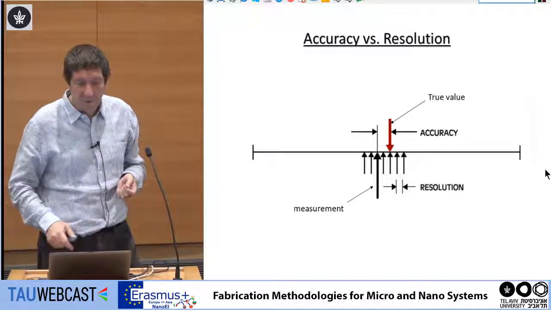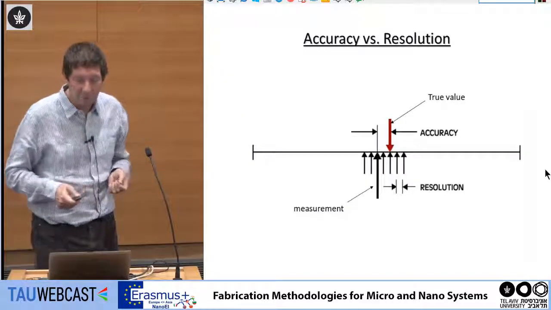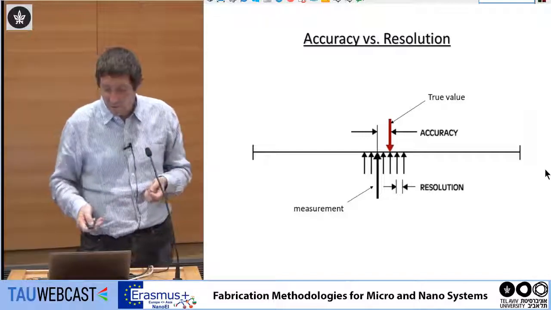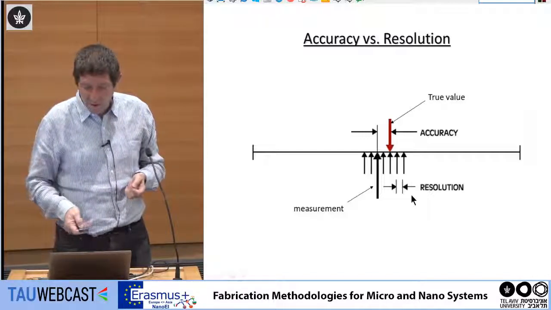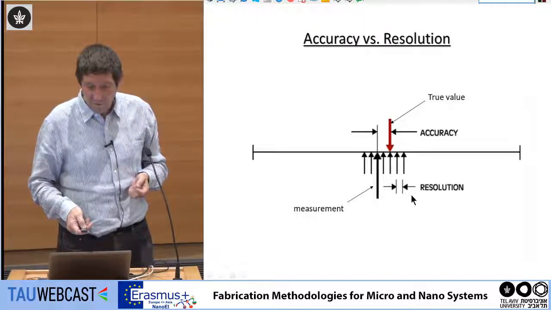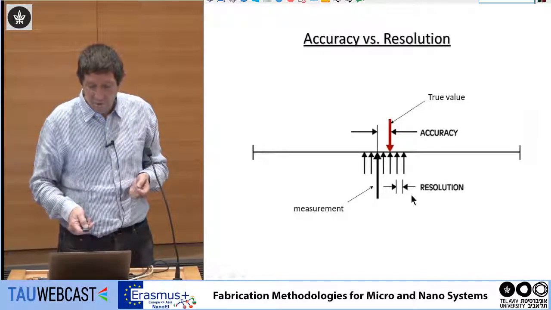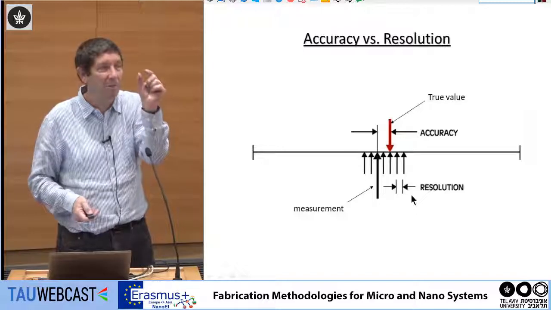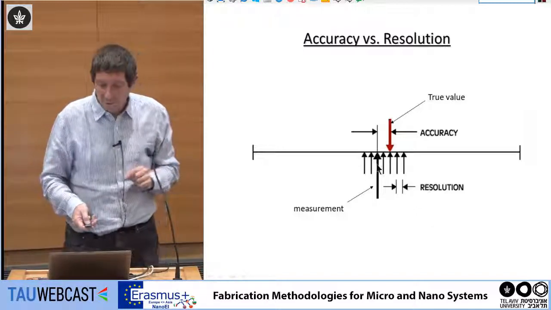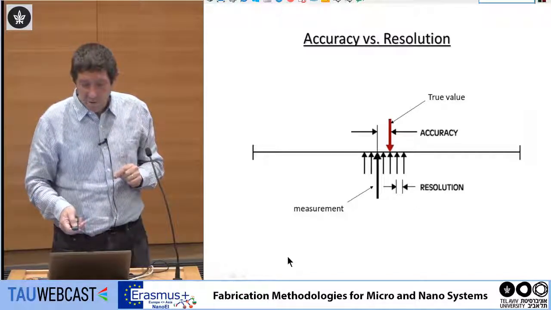So if you think about accuracy with resolution, let's say this is your result, and this is your resolution. You can measure this, this, and this, and there is a minimum measurable signal. The red one is the true value, and the black one, the large signal, is what you measure.